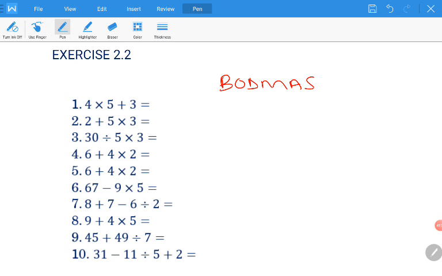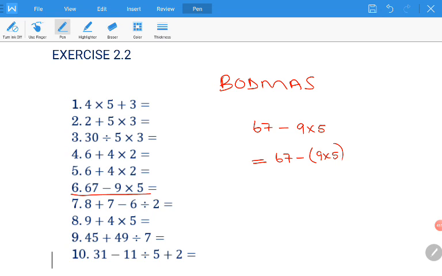So let's look at question number 6, which is saying 67 minus 9 times 5. This is equal to 67 minus 9 times 5.